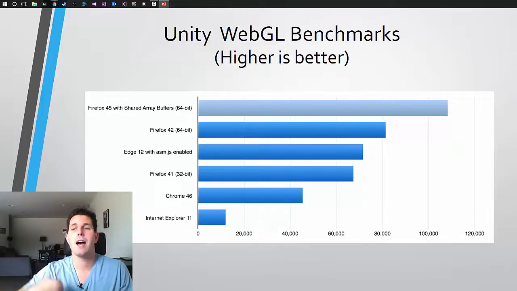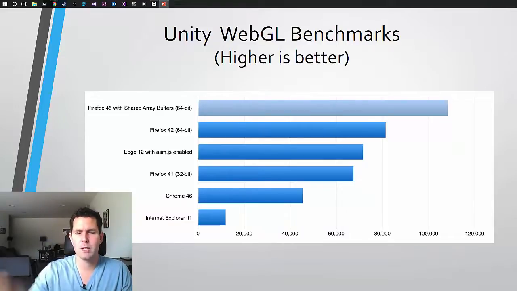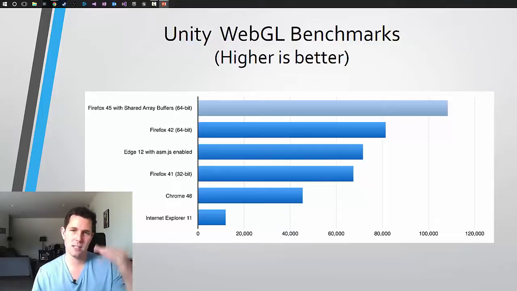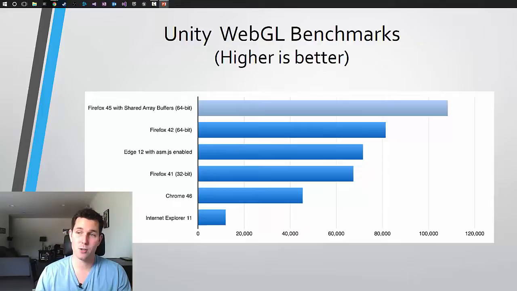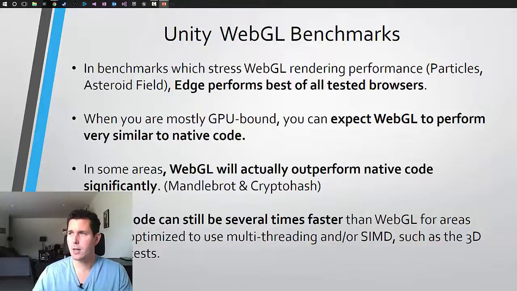And then Edge with asm.js enabled, coming in third very nicely. And then go down to the 32-bit version of Firefox, and it slows down a bit, right? So this is where you can really start to see a difference between 64-bit and 32-bit performance. And finally at the bottom there, we have Internet Explorer, which is just not optimized to be running any of this at this point.